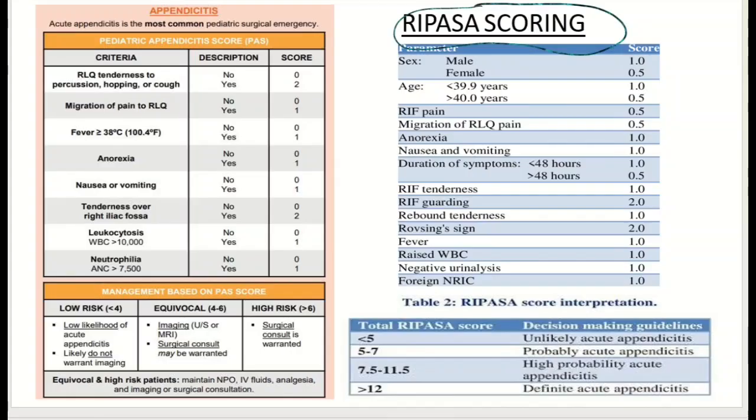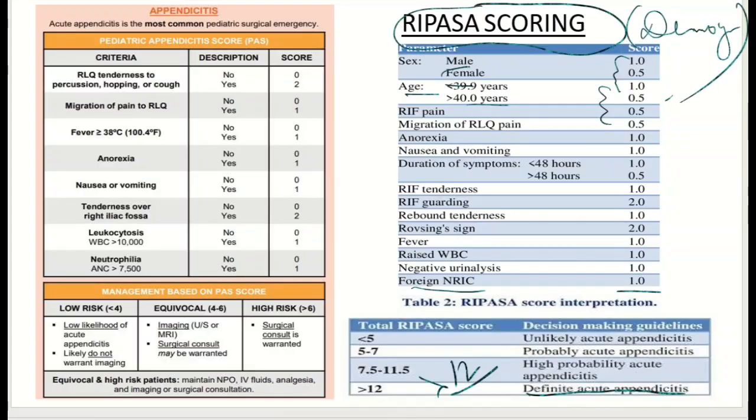If score is 5 to 7, there is a probability of acute appendicitis. Score 7.5 to 11.5, high probability of acute appendicitis, and score more than 12, definite acute appendicitis. So this is RIPASA score. The only difference is the demography.